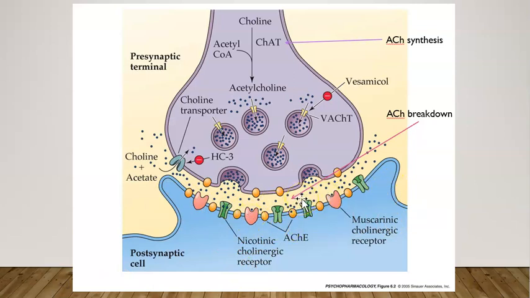Acetylcholine is then going to be broken down, and it's actually broken down in the synapse, so metabolism occurs in the synapse. Choline and acetate will then be taken back up by the presynaptic cell, and they can be recycled and used to create more acetylcholine. So the cholinergic systems have the anabolic enzyme, CHAT, in the presynaptic cell, and the catabolic enzyme, AChE, in the synapse itself.